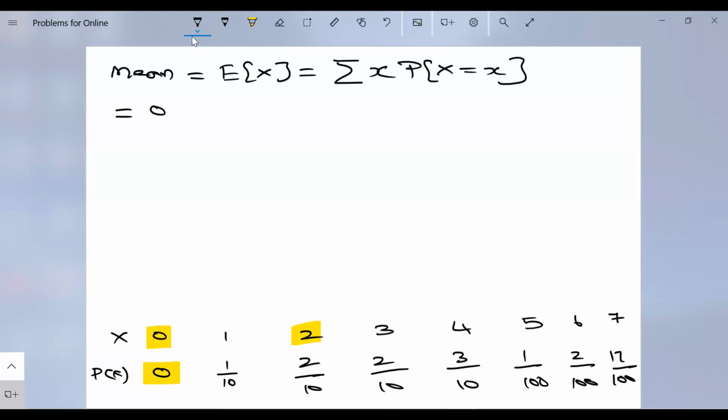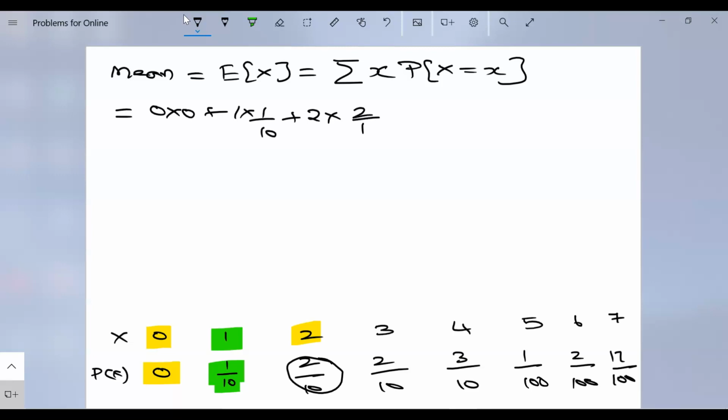So let me write it here, 0 multiply 0. Now the second variable I will highlight with green. See 1 and 1 by 10. So write it here, plus 1 multiply 1 by 10. Like this, everything. For 2, the corresponding probability is 2 by 10.